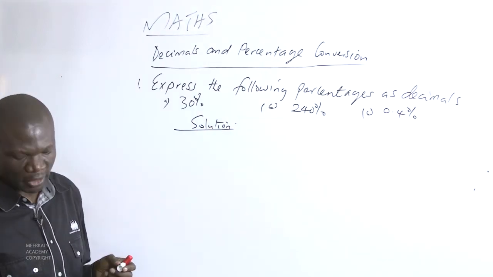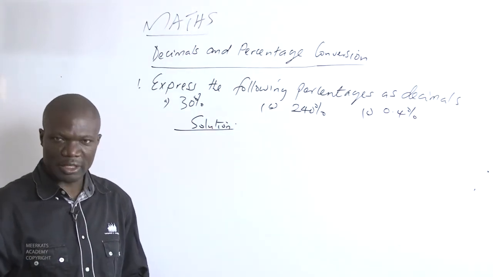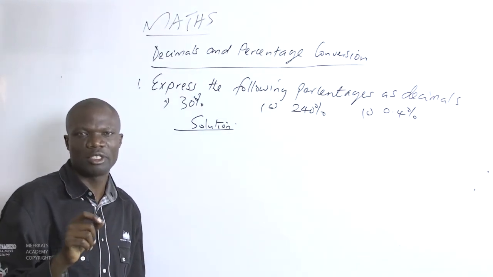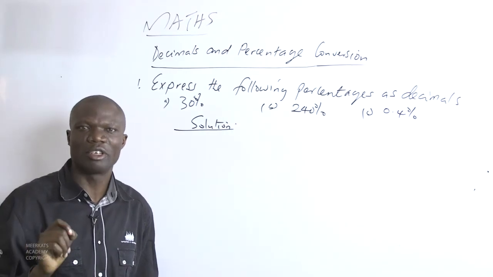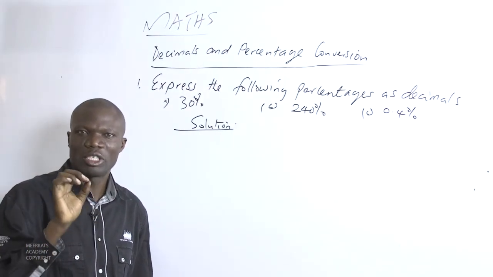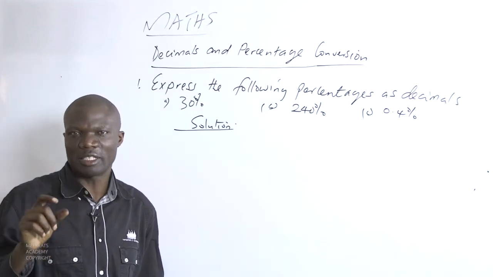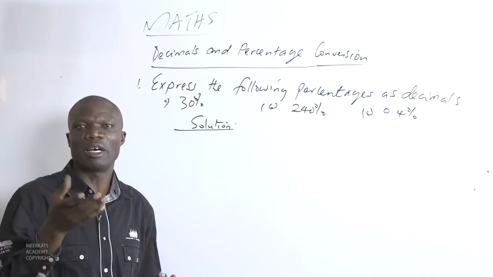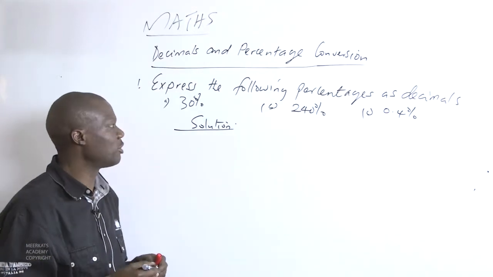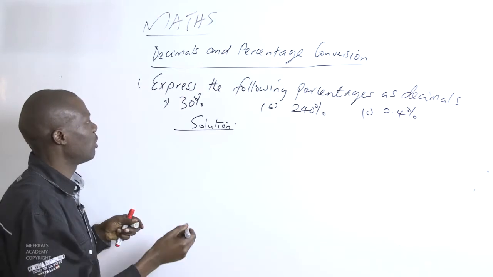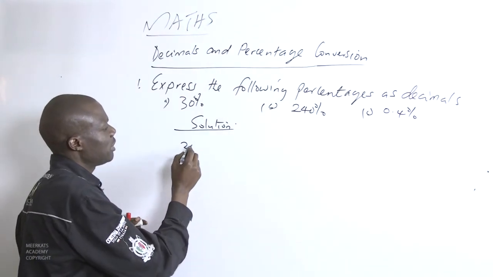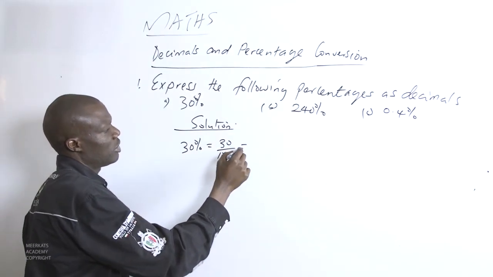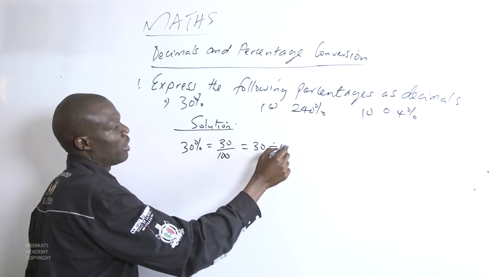Starting with 30%. Just as said earlier on, if we want to convert a percentage into a decimal, you only require to take it and express it first as a fraction. Then you realize that it is the same as taking that number and dividing by 100. So 30% is the same as 30 over 100, which is 30 divided by 100.